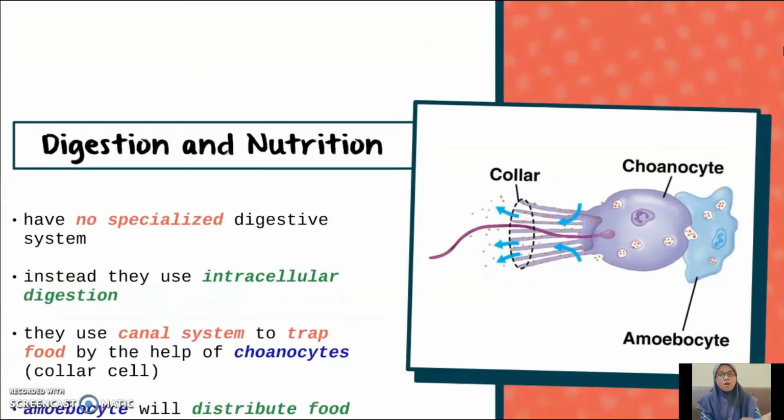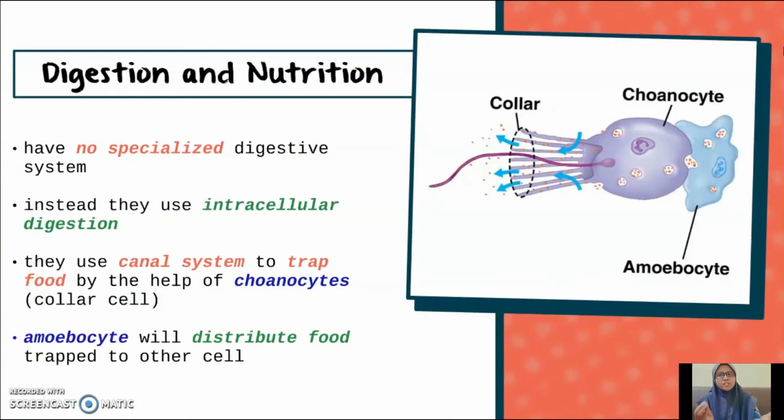Then, from the perspective of digestion and nutrition, they have no specialized digestive system. Instead, they use intracellular digestion. They use the canal system to trap food with the help of choanocytes, and amoebocytes will distribute the trapped food to other cells.